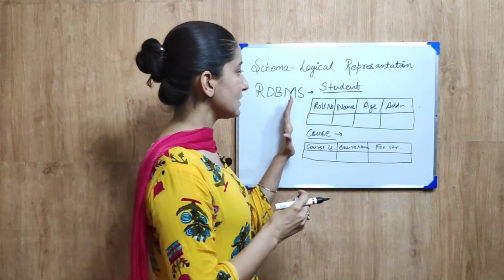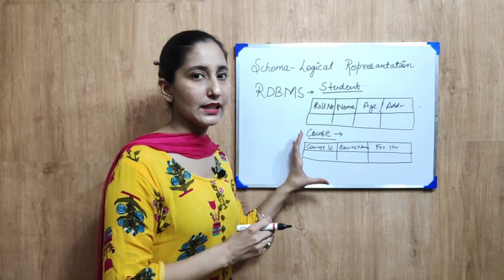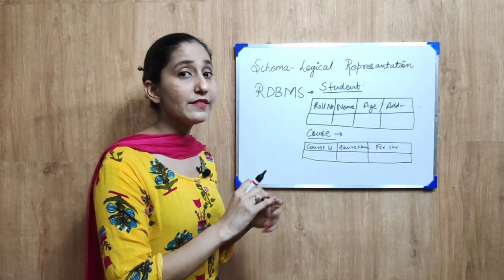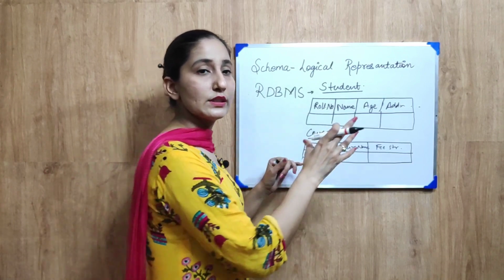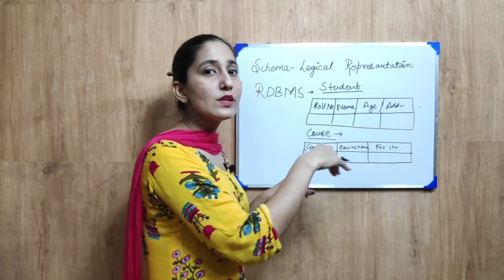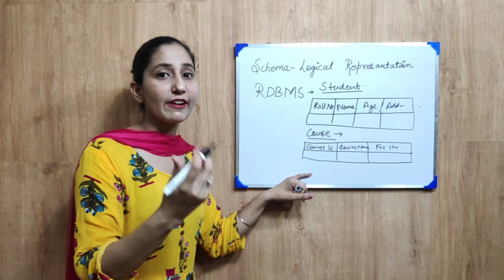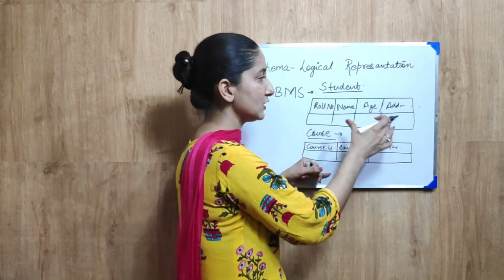These are the tabular forms in which we are showing the data. But when we save this data onto our hard drives or servers, the data shown here in the form of a table gets stored there in the form of files, not in the form of tables or columns.